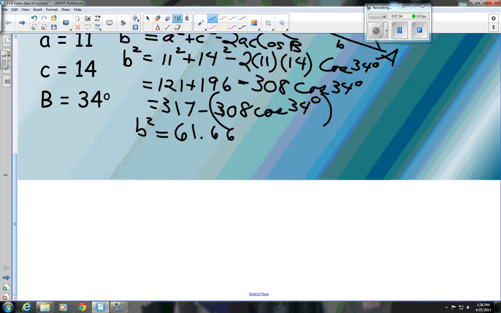And now to get B, either raise that to the 0.5 power or say second square root, second answer, either way. 7.85. Now I'm going to have you round to the nearest hundredth because I'm going to be using these for computation. It makes it way more accurate. Okay, everybody get that? Okay. So then, while that's in there, you say second square root, second answer.